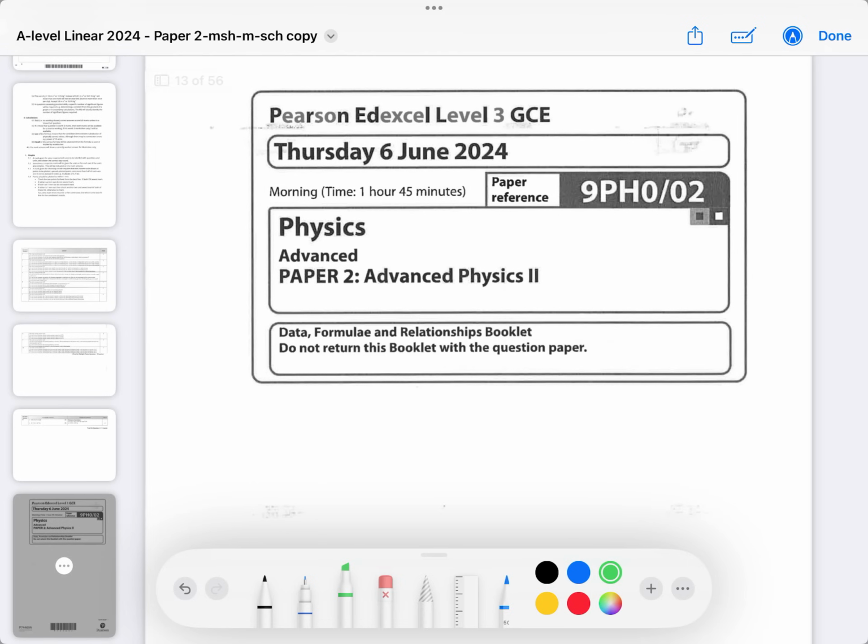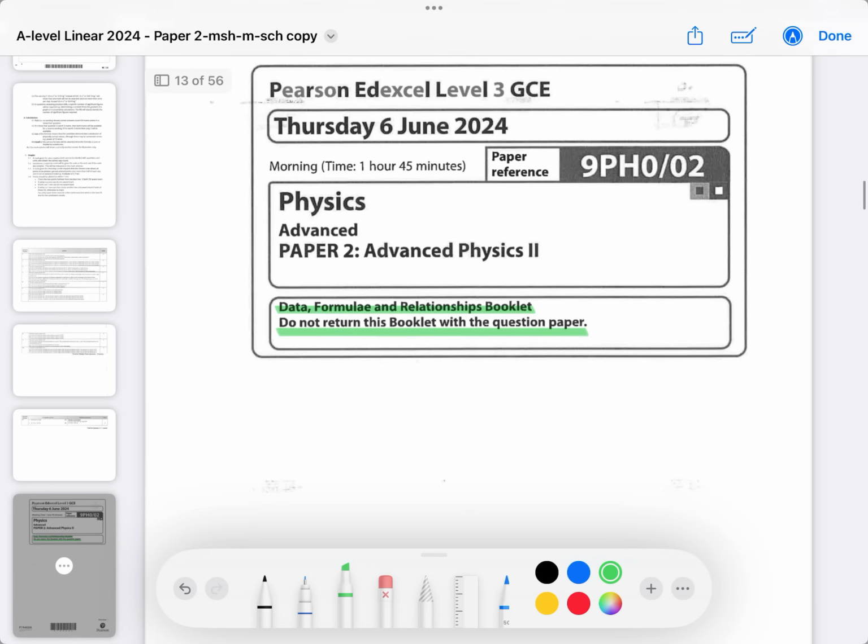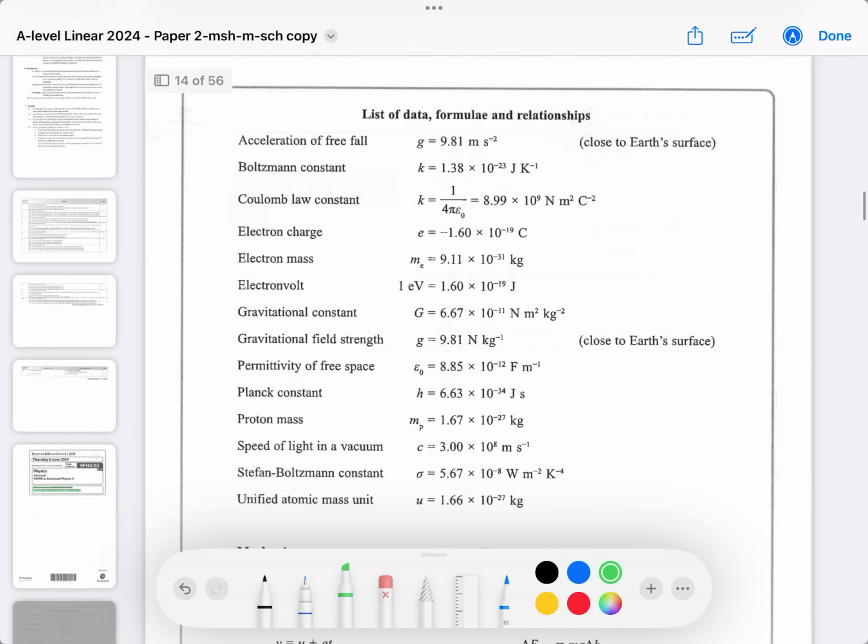You get an equation booklet. Whereas in the IAL, the data sheet comes at the back of the paper, so it's a slightly different style. And you don't need to return the booklet with the exam paper when you do the linear exam. So I thought it'd be worth seeing.